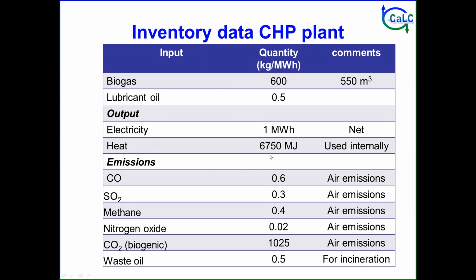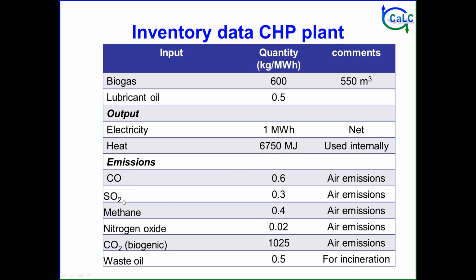There is also some heat generation because it's a combined heat and power plant. Part of the heat will be used to meet the requirement for either drying the digestate or heating the AD plant. But any additional heat, we assume, is not used and is wasted. Any combustion-related emissions are counted here, just the main emissions, but we can add others if we have further data.